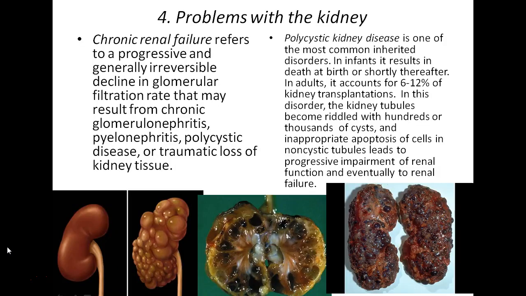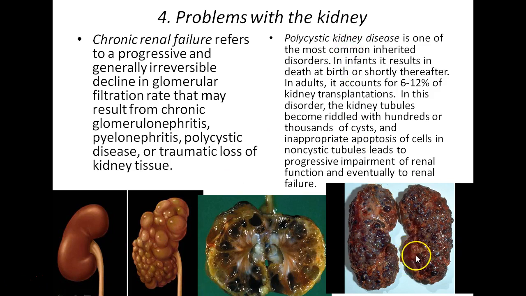So having said that, we can get chronic renal failure. This refers to a progressive and generally irreversible decline in glomerular filtration rate, and that can result in a variety of homeostatic imbalances.